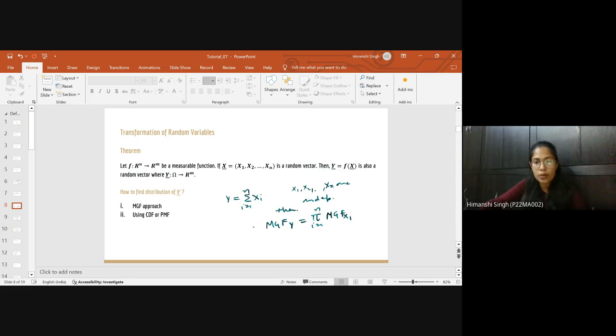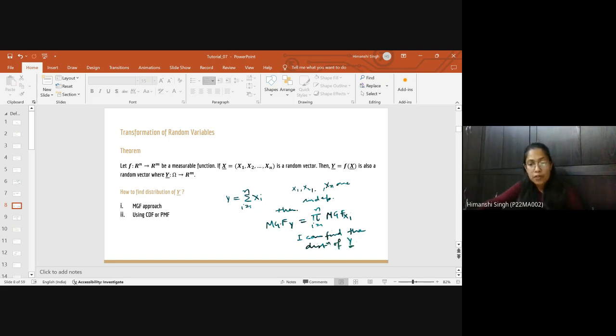So if I know the distribution of each of the random variables x1, x2, ..., xn, then I know their MGFs, and I can take the product of those MGFs to find the MGF of y. Then this MGF of y will tell me the distribution of y, by the uniqueness property of the MGF.